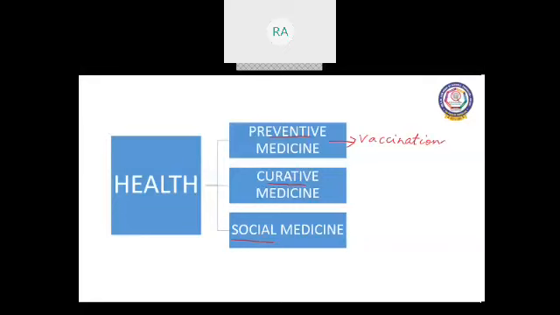A child after birth is given vaccination so that the child is prevented from some diseases. Curative medicine is treatment during illness. If a person falls sick and a doctor prescribes tablets, that expenditure comes under curative medicine.